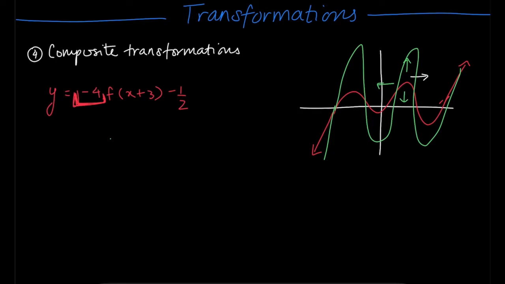But if we have 4 times f of negative x plus 3 minus 1/2, then this means that it will be a reflection in the y-axis. So if the negative is inside, it's y-axis, and if it was outside, then it is the x-axis.